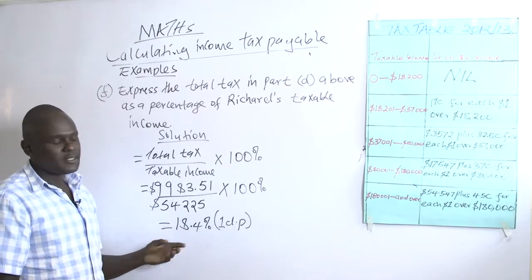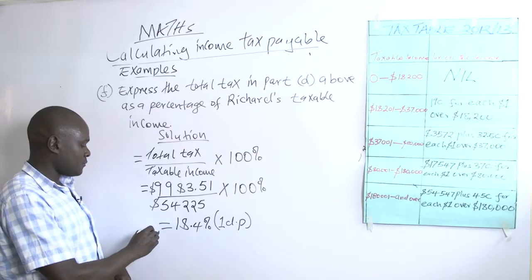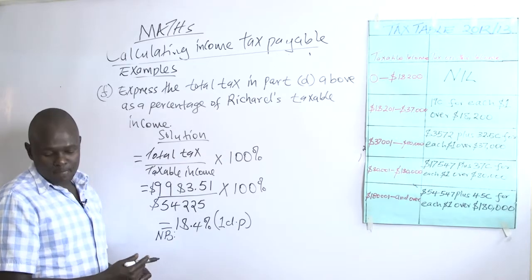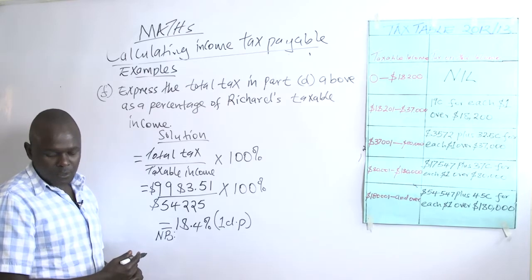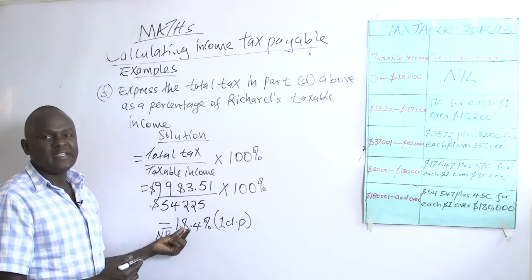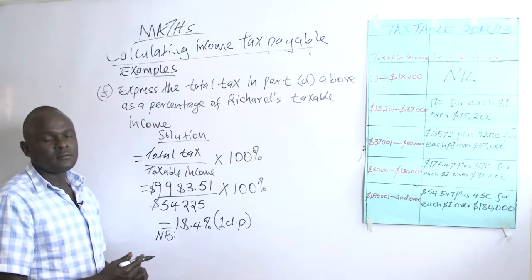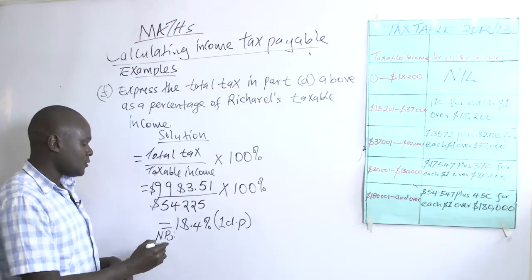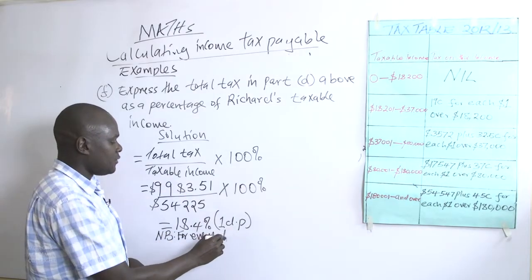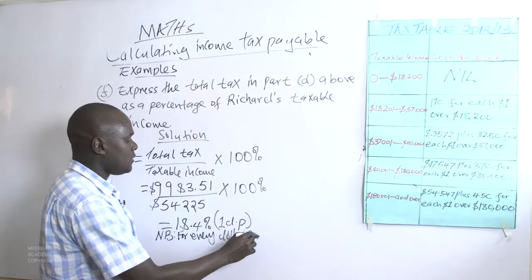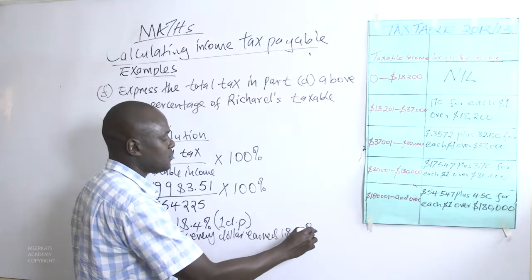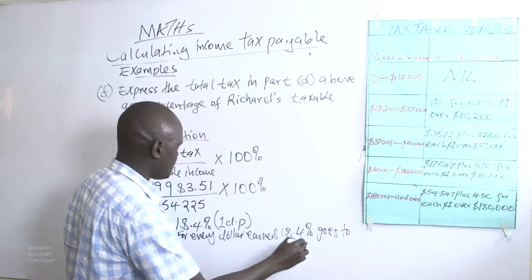What does this particular percentage mean? It means that for every dollar that Richard earns, he is going to pay 18.4% as taxes. So this means for every dollar, 18.4% goes to taxes.